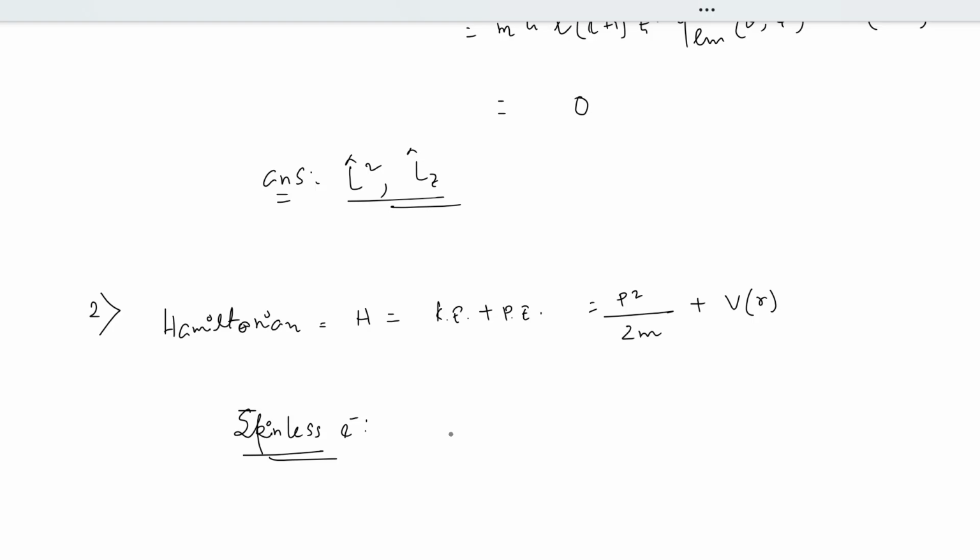Time reversal means going back in time, so t to minus t.